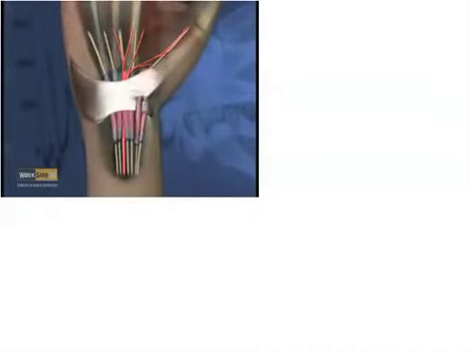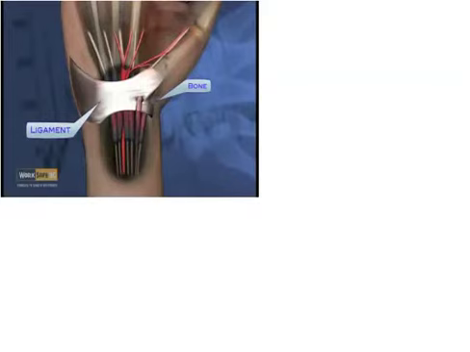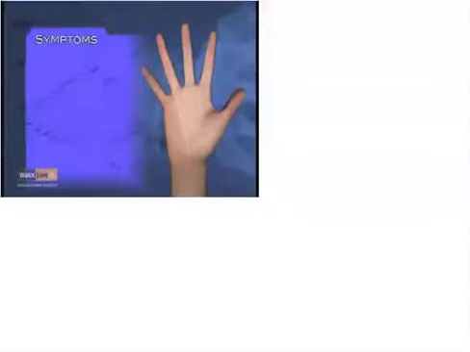This pressure on the nerve, in the narrow tunnel of ligaments and bones, causes the symptoms. Some of the symptoms of carpal tunnel syndrome include numbness, tingling, and pins and needles. For more information on carpal tunnel syndrome, visit WorksafeBC.com.